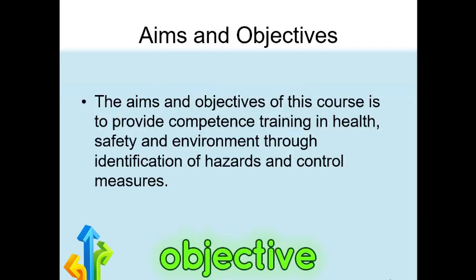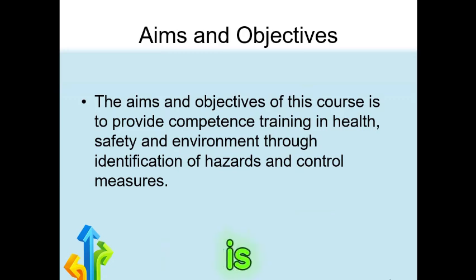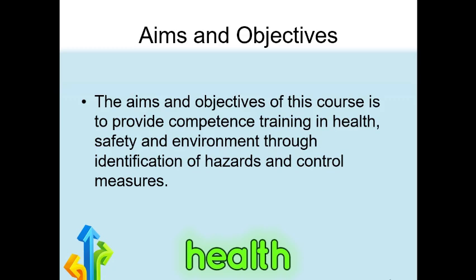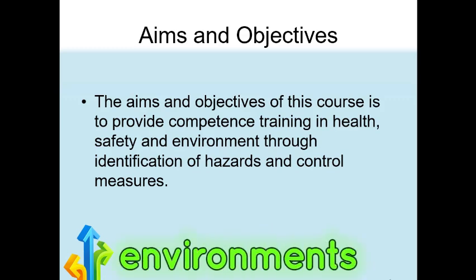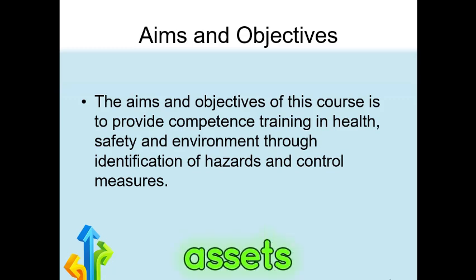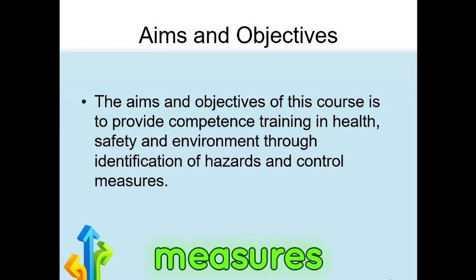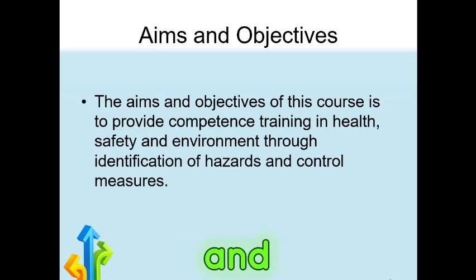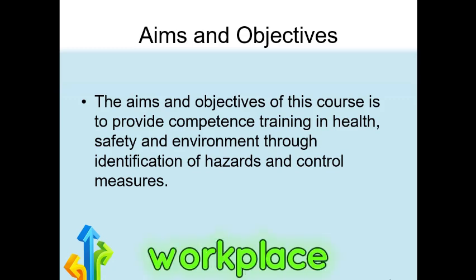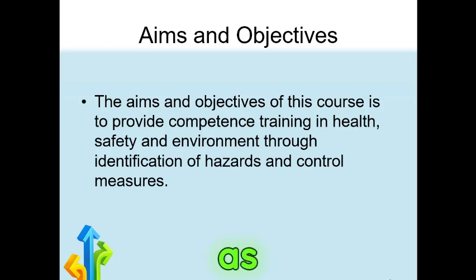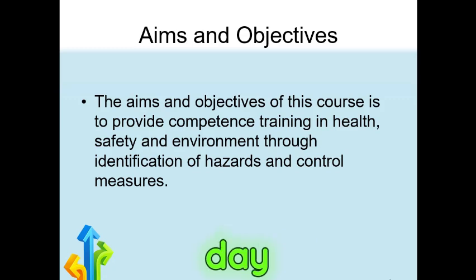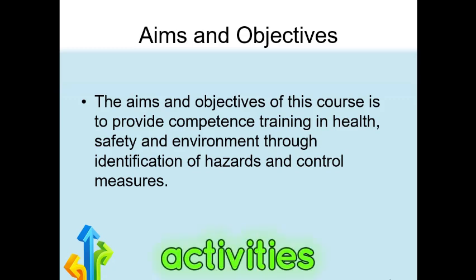The aims and objectives of this training is to provide competent education in health, safety and environment through identification of hazards and control measures. Before now, you've practiced safety and health at your workplace or even at home as an act, just something you do on a normal day, the normal day-to-day activities.